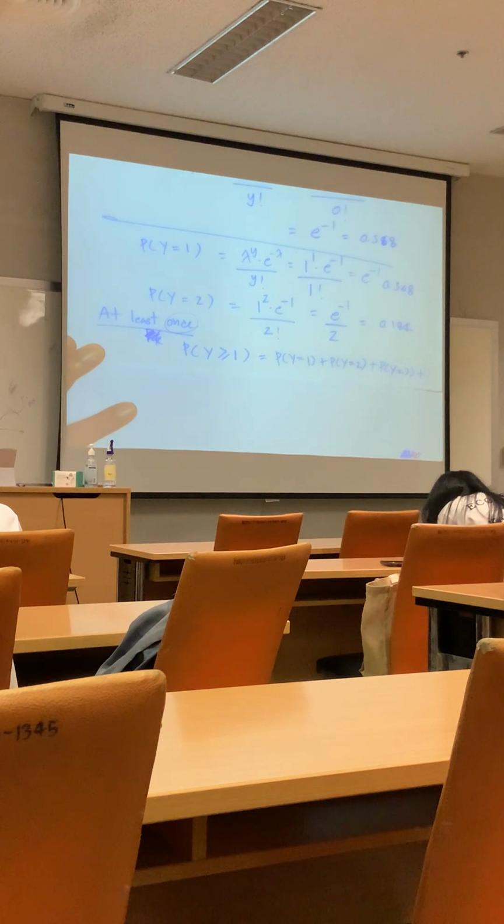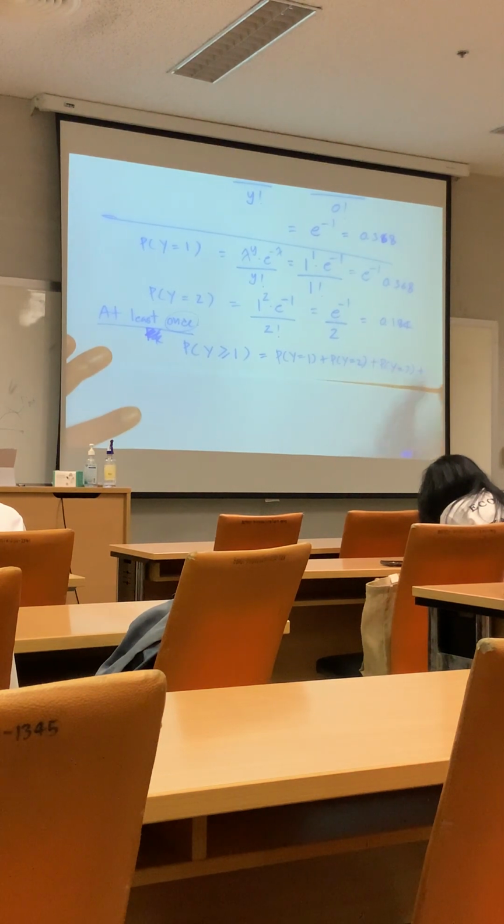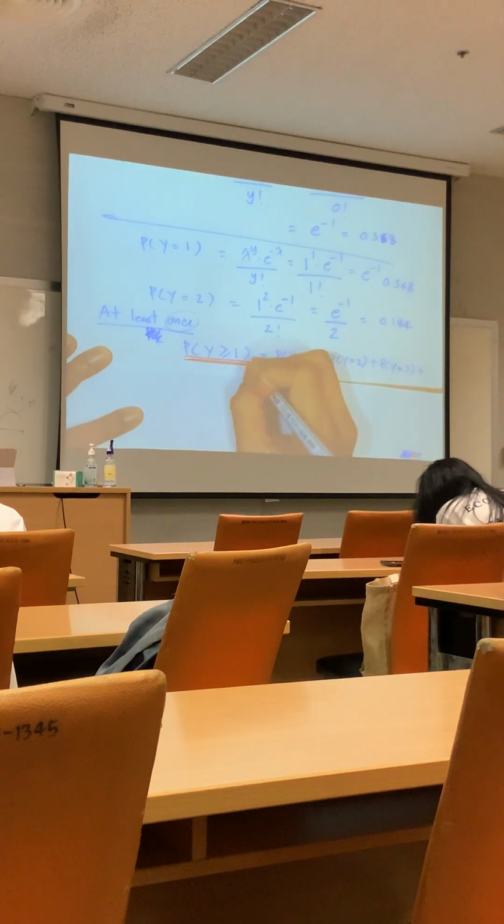This is like going back to the chapter about probability. Sometimes instead of calculating the real thing, we calculate the complement of it and subtract from 1. We don't know if y could be 4, 5, 6, 7, but we know that the only thing excluded from this is p of y equal to 0.